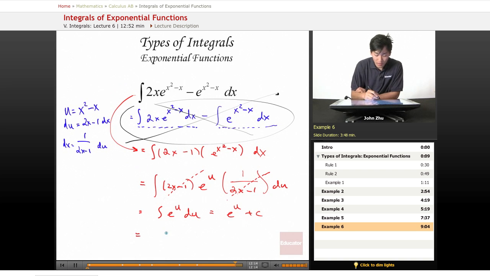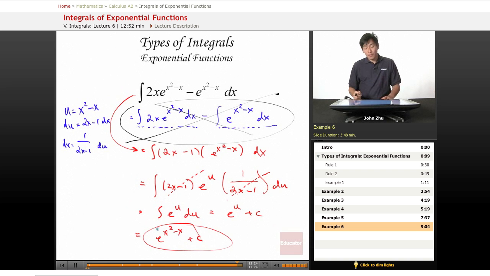And if we substitute everything back in, e to the x squared minus x plus c. So a seemingly impossible problem, once we just manipulate it algebraically, we reduce it down to something that we can handle. Then we can just apply chain rule directly once to get the answer.